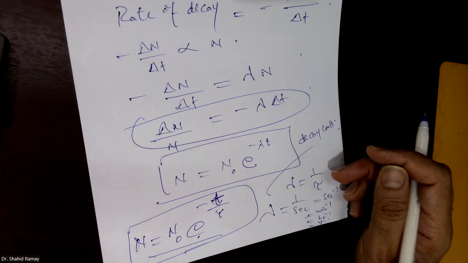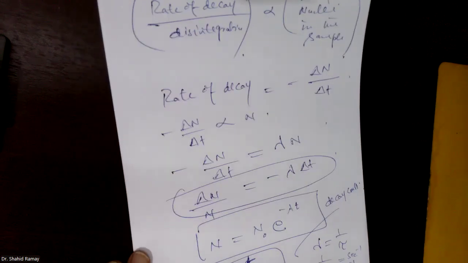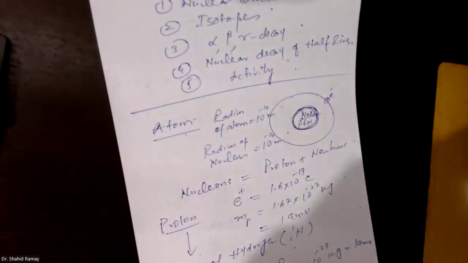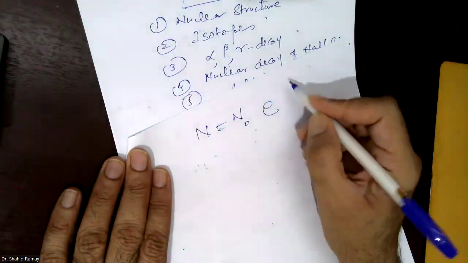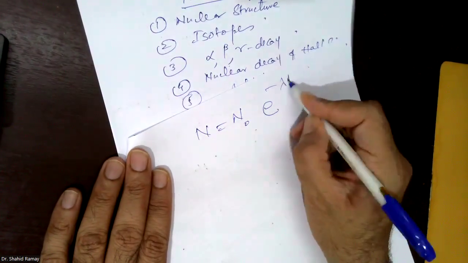Okay. After this, we should know what is N and what is N naught. Everything should be clear, because this is important for your problem solving. N is equal to N naught e raised to power minus lambda t.